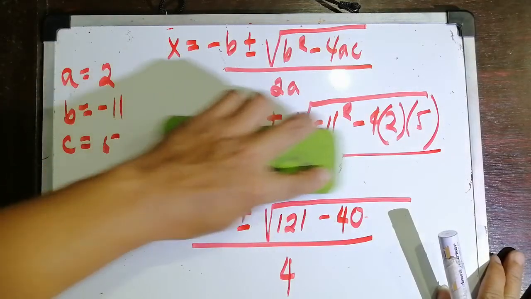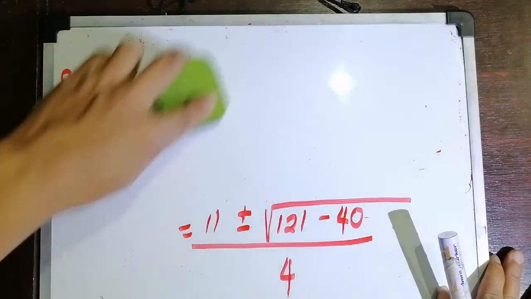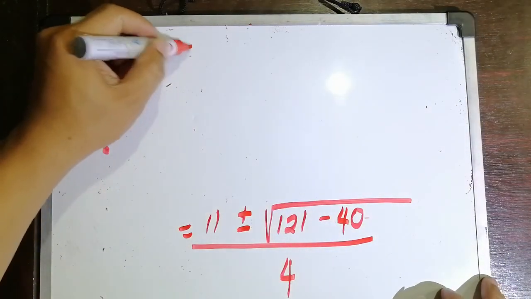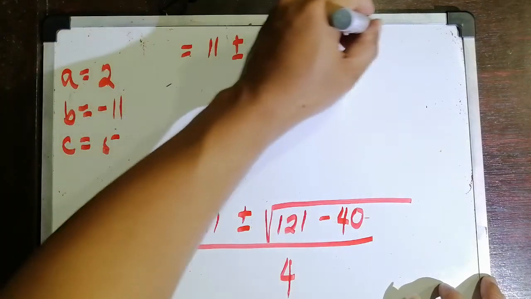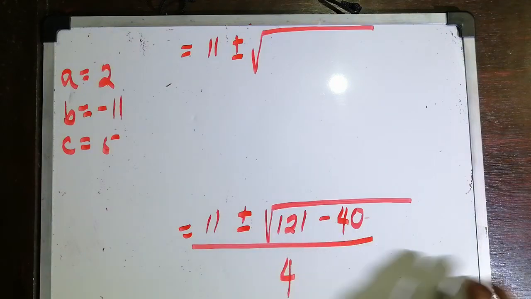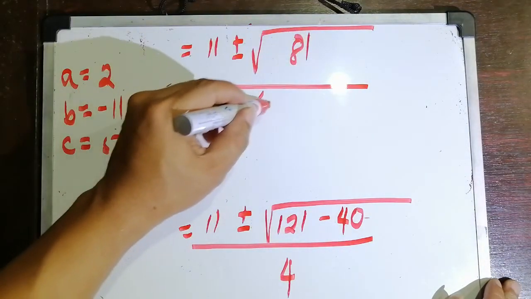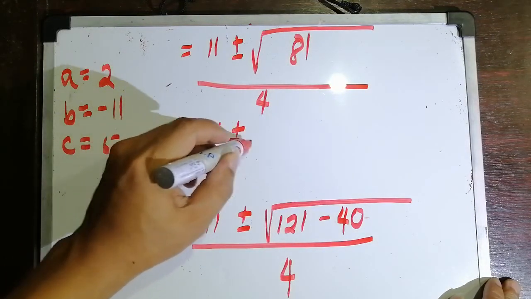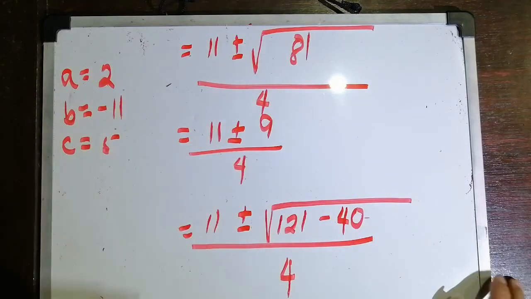So next. So 11 plus or minus square root of 121 minus 40, we have 81 over 4. So 11 plus or minus square root ng 81 is 9 over 4.